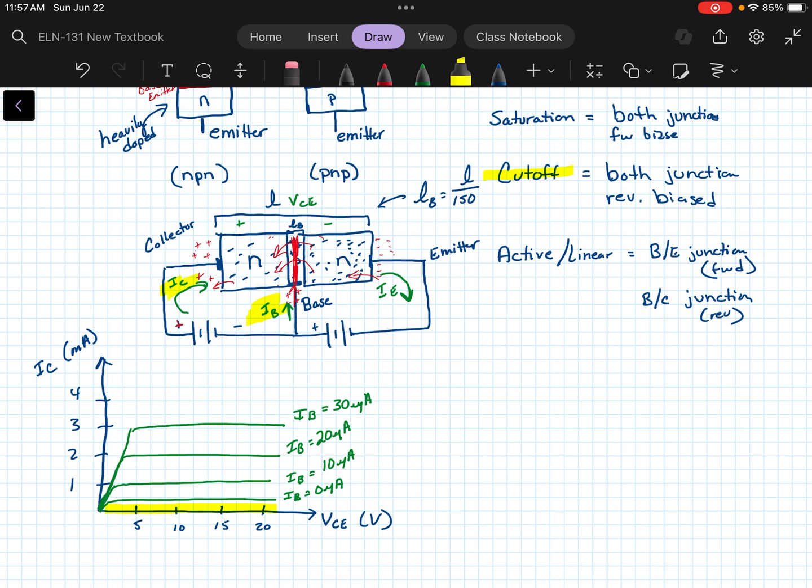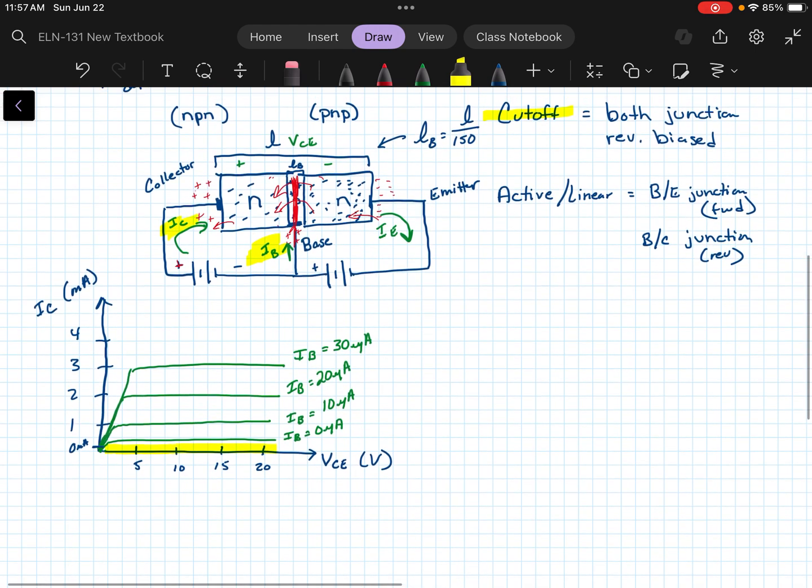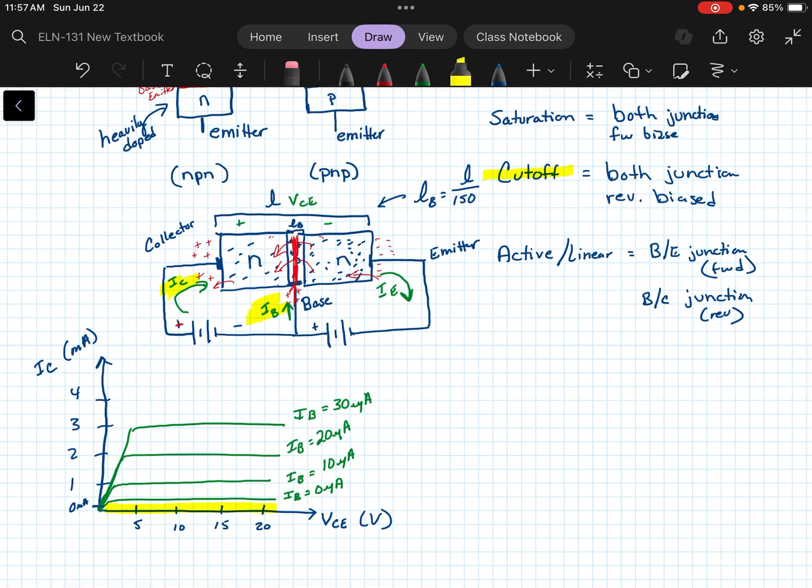So that's going to be right around IC equals 0 milliamps, or a very small amount of leakage current, but it's not enough current to really turn on the transistor. And then when both junctions are forward biased, we don't have a voltage drop across our collector to our emitter side. So that's going to occur somewhere right in here where we have a good bit of current but no real difference in voltage across the transistor. So that's our saturation area.